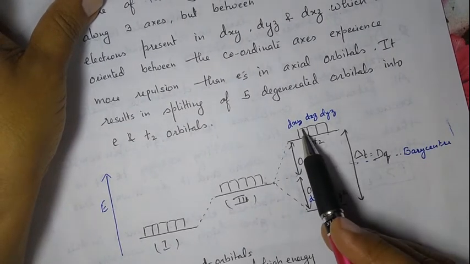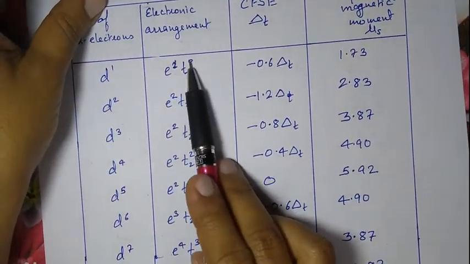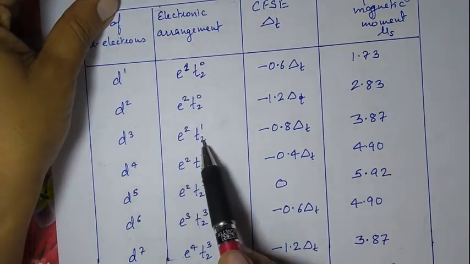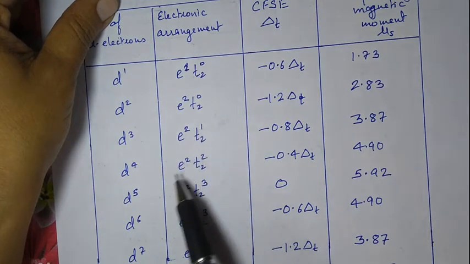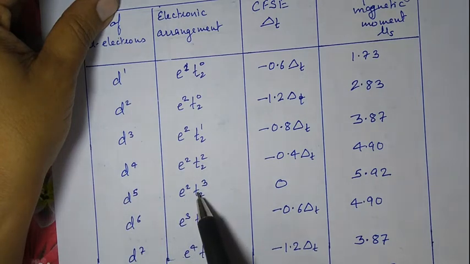Then the third electron will go to the t2, because the pairing energy will be higher than the delta. You can see this arrangement, that is e1 t2 0. Second electron e2 t2 0. Third electron will be present in the t2 orbital. Fourth electron in t2 orbital. Fifth electron in t2 orbital.